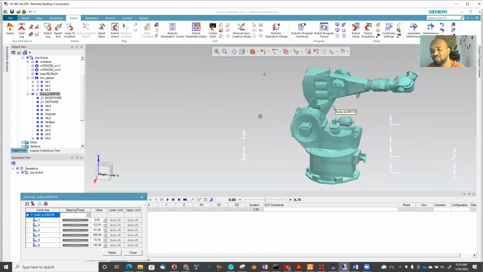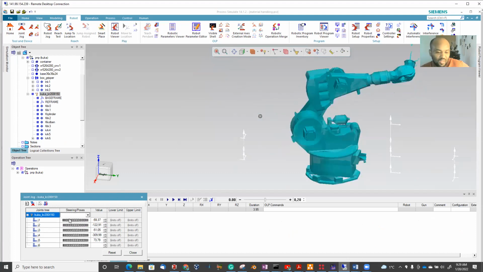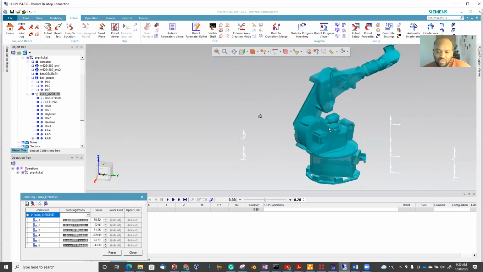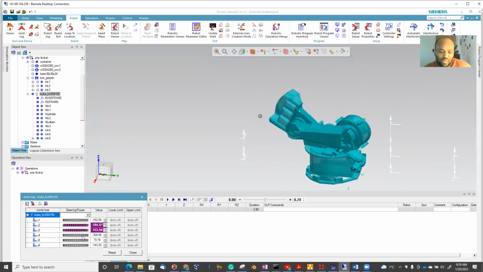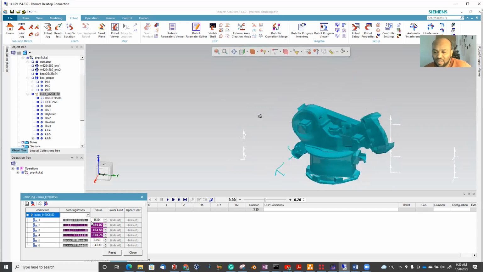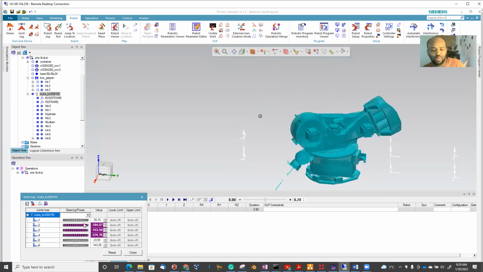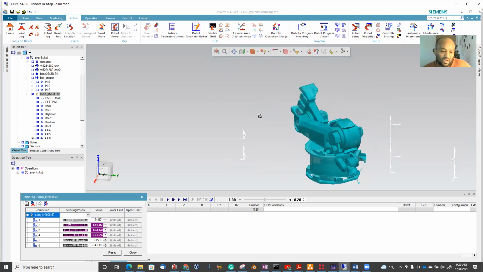This is software that you could easily develop in some days, maybe. You have a geometric model, a CAD model, and you have only kinematics. Any layman can develop this.